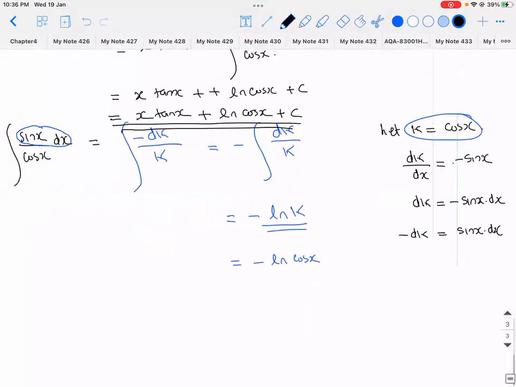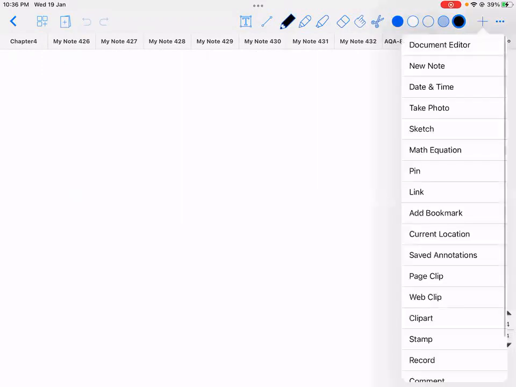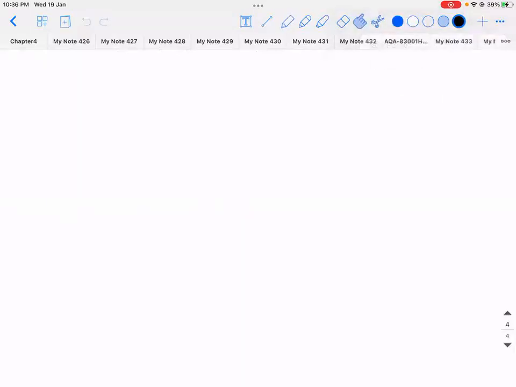Now, sometimes you will get a little bit complicated question. I mean, something out of the box. The question that is out of the box, like some different scenario we have to apply, especially in integration by parts.